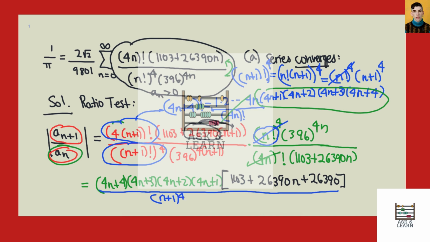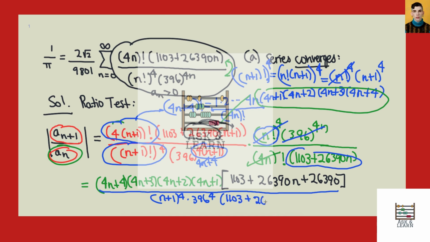Now, what else do we have? If we distribute this 4n plus 1 through, this is 4n plus 4. So we could cancel the 4n term here with the one down here, and that'll leave us with a 396 to the fourth power. And then one that didn't cancel out is this one here, so this also comes along.